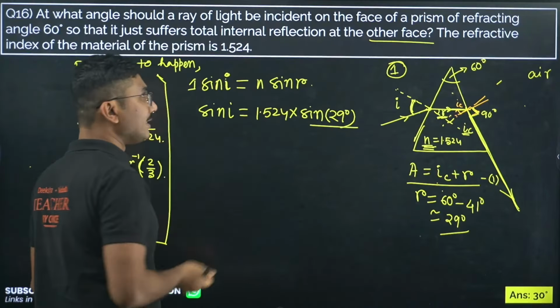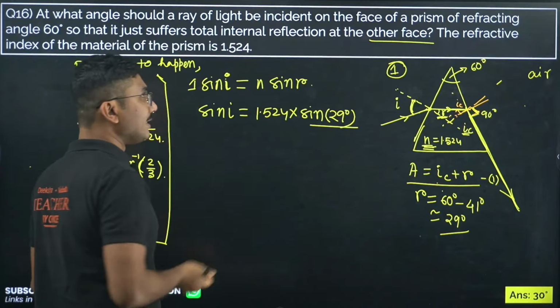Next, a prism of angle 60 degrees produces an angle of minimum deviation of 40 degrees. What is the refractive index? Calculate the angle of incidence. So the prism angle is given as 60 degrees, and the minimum deviation is given as 40 degrees. They ask you what is the refractive index.